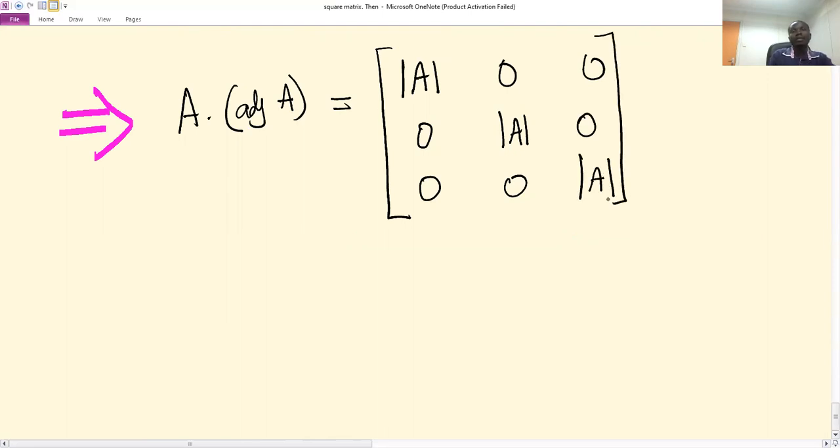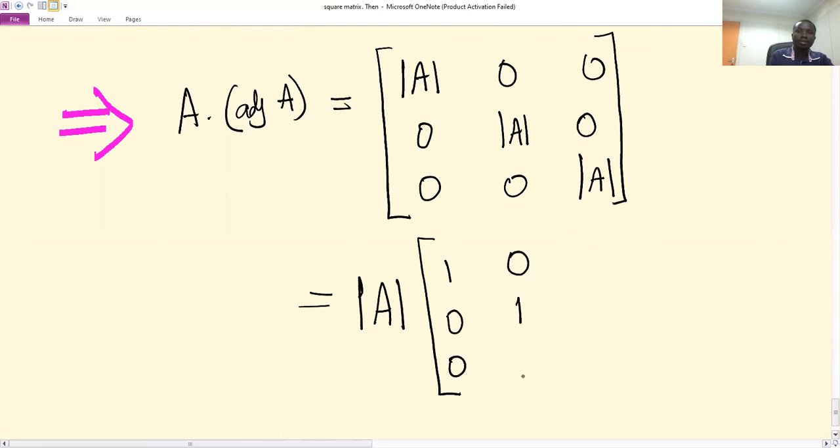Now, because determinant of A is a common factor inside this matrix, we can factor it out. We say determinant of A multiplied by 1, 0, 0, 0, 1, 0, 0, 0, 1. So remember, these are matrices, not a determinant. So don't get confused by what we are doing here and when you are calculating the determinant. They are different things.